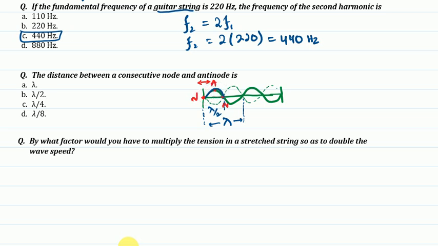A node with another node makes half of the wavelength. But what about the node and antinode? We need to half it again. So that would be half of lambda by 2, so that would be lambda by 4. Wow. So we can say the distance between a consecutive node and antinode is lambda by 4.